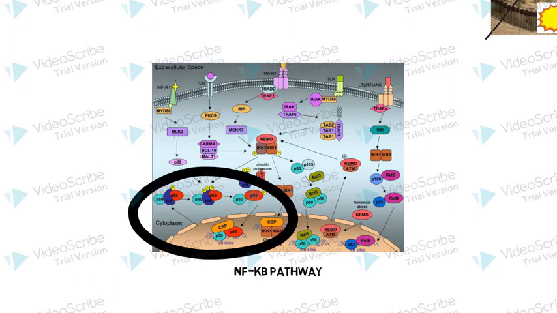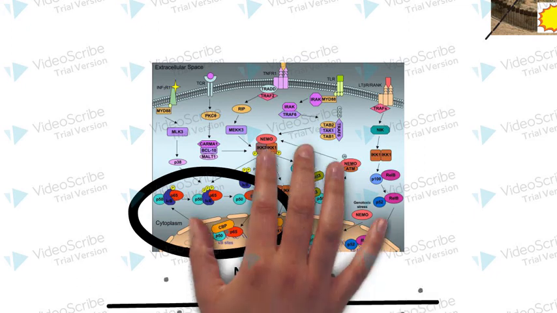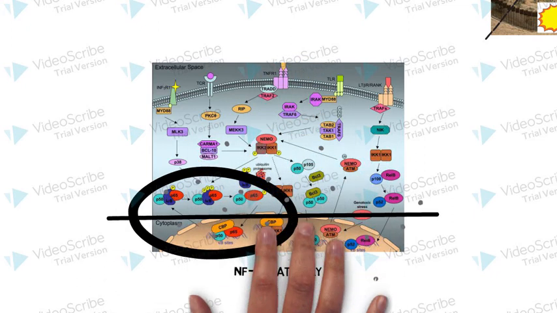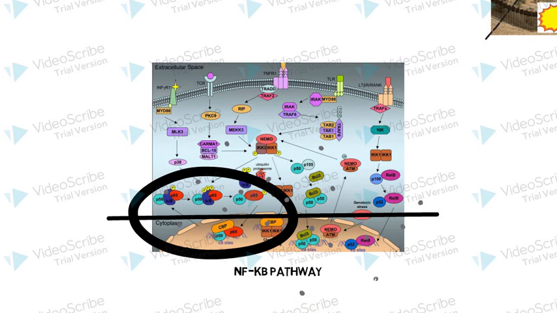We'll be focusing on the p50 and this trimer area, and we're trying to block it because these components are important for making sure that by downregulating or upregulating these components, we can ensure that we have better control of the inflammation pathway.